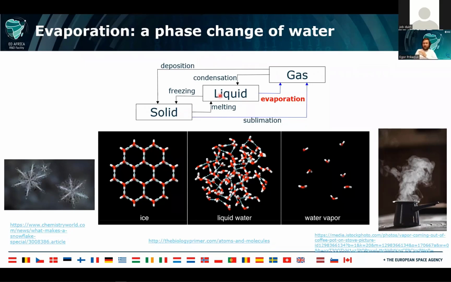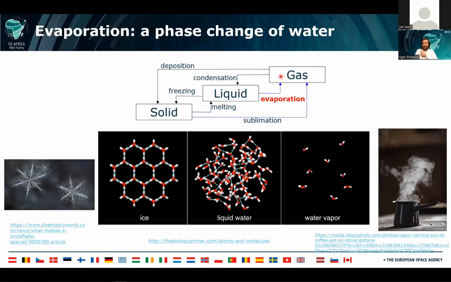It can be liquid, such as water that we know, and it can be gaseous, that is what we know as vapor. The phase changes are named here. From ice to liquid, it goes through melting. Ice and snow melt and form liquid water. Liquid water goes to gas through evaporation, and this is the process we want to estimate.